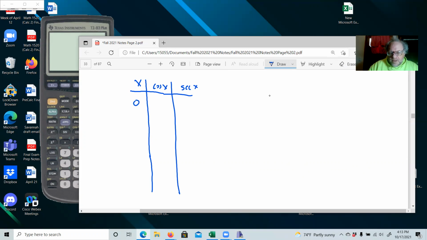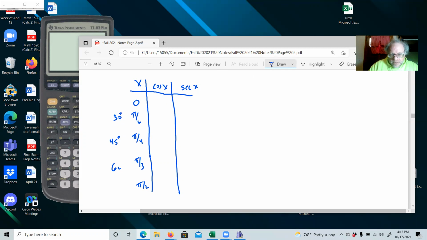We'll have our typical 0, pi/6, pi/4, pi/3, pi/2. Remember, these correspond to 30 degrees, 45, 60 degrees, 90 degrees. I saw the 6 and got excited.